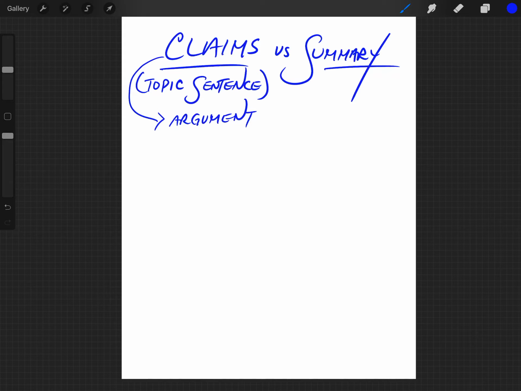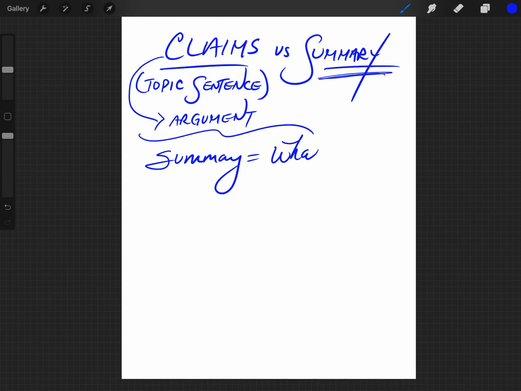But we want to make sure that we know the difference between claim and this thing called summary, because we tend to write in summary form instead of claims. So what does that mean? Well, first of all, a summary is just what happened. It tells us what happened in the story, and that's it. So the person went to the store, they bought some candy, and then they went home, right?